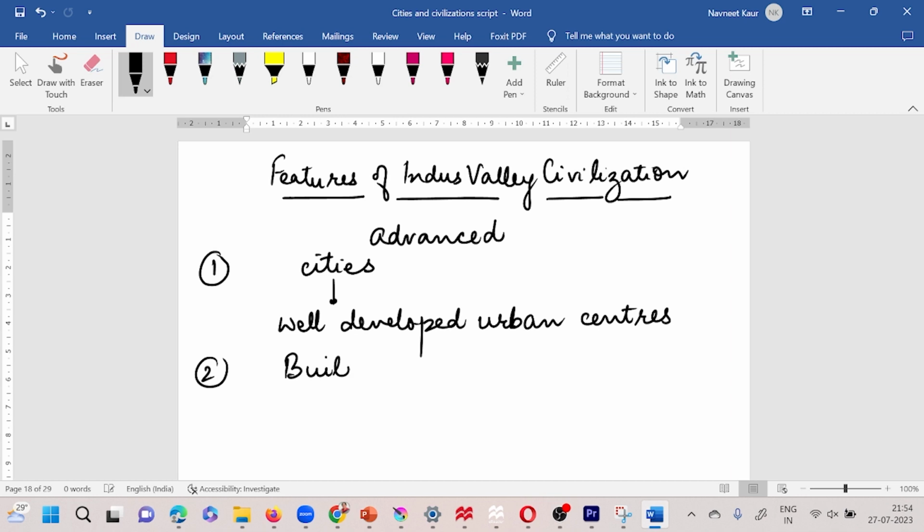Number two, the buildings were made up of stones and burnt bricks.